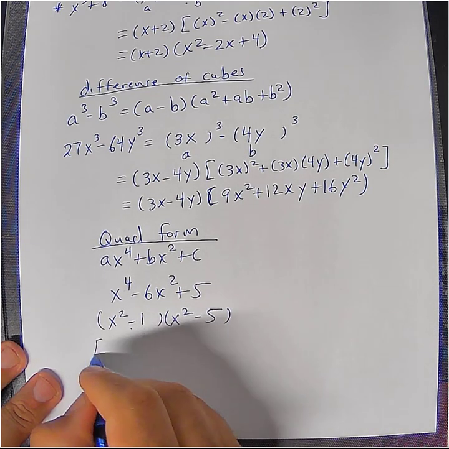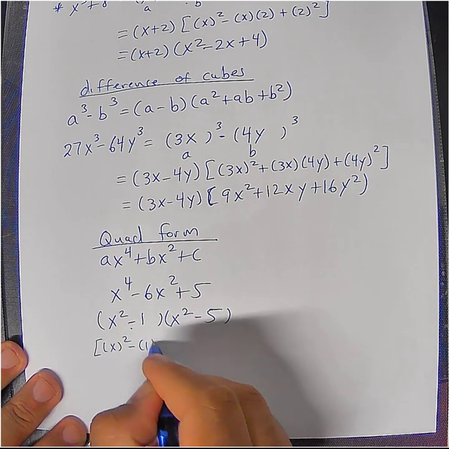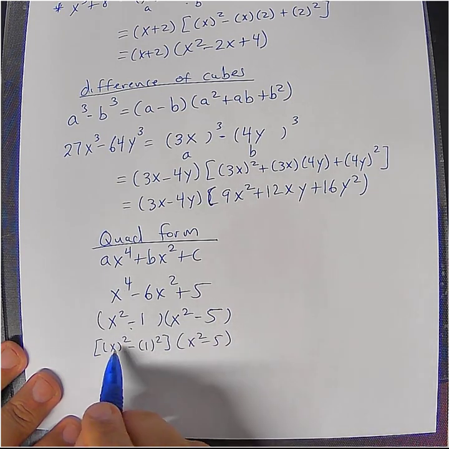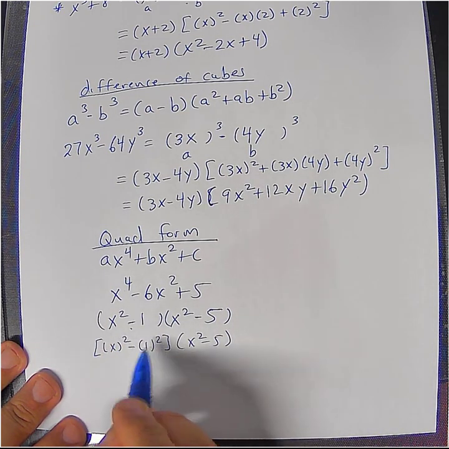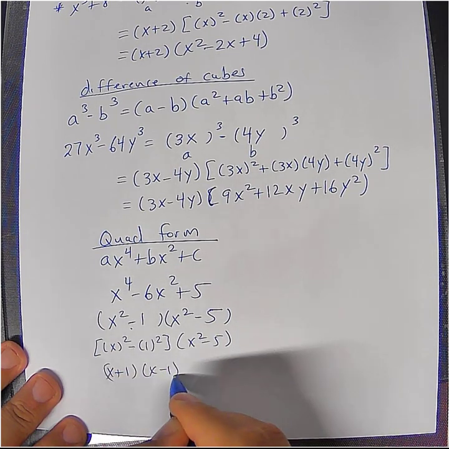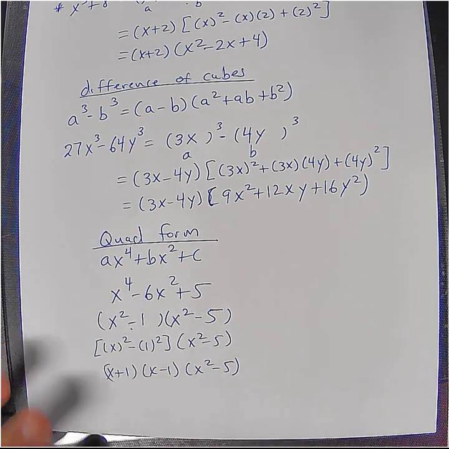So the only one I can rewrite is this one as x squared minus 1 squared. And now that looks like the difference of two squares. So I have x plus 1, x minus 1, and then x squared minus 5, which I can't do anything with.